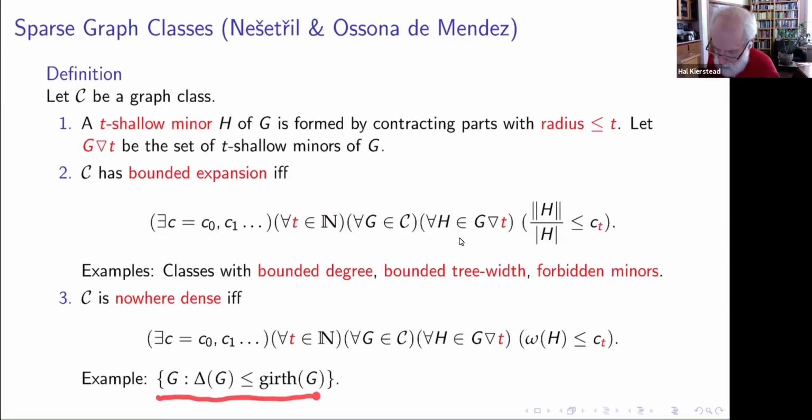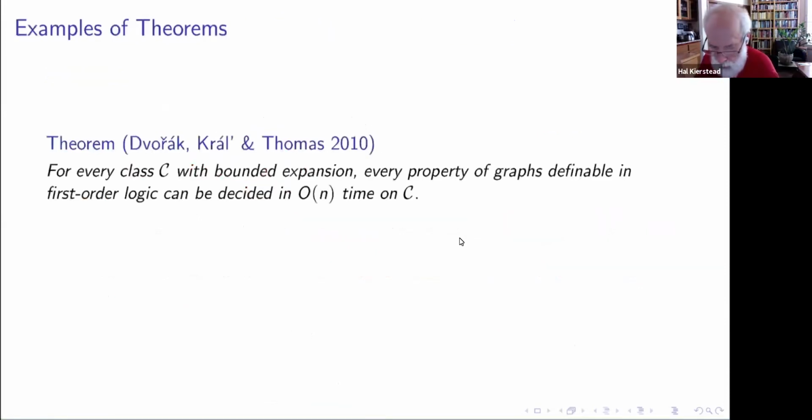A little bit of thought shows that this class of graphs is nowhere dense, but does not have bounded expansion. And some of the examples of theorems that have been proved using these notions.